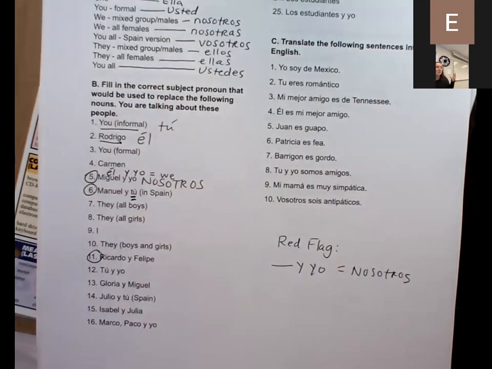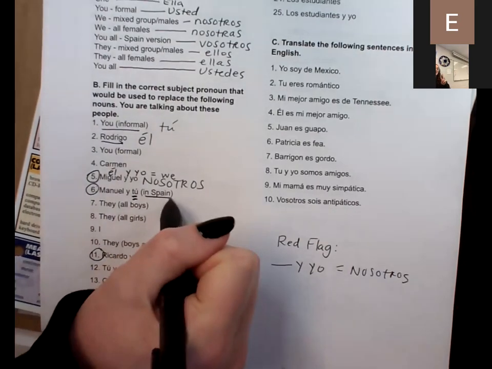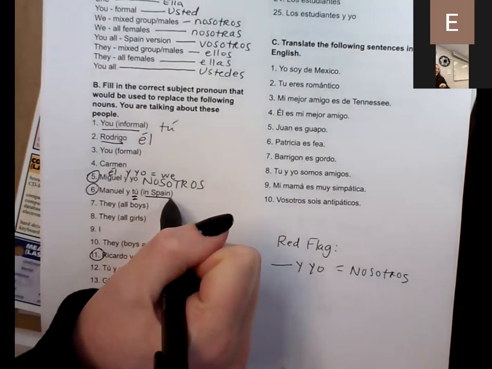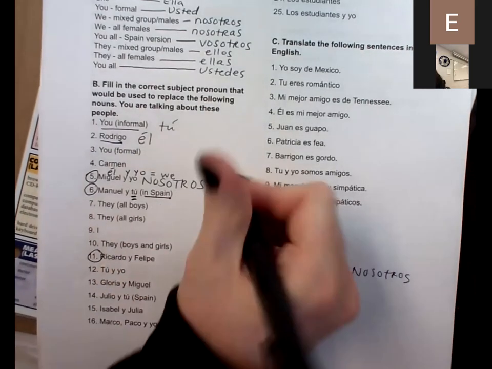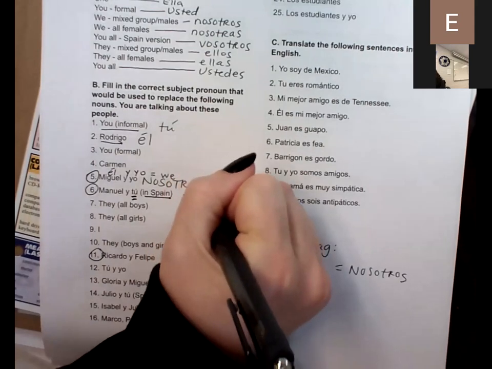If you look at the chart, our two options in the second person for a plural subject are vosotros and ustedes. But at the very end, it specifies in Spain. So Manuel y tú in Spain would be the same as saying vosotros.